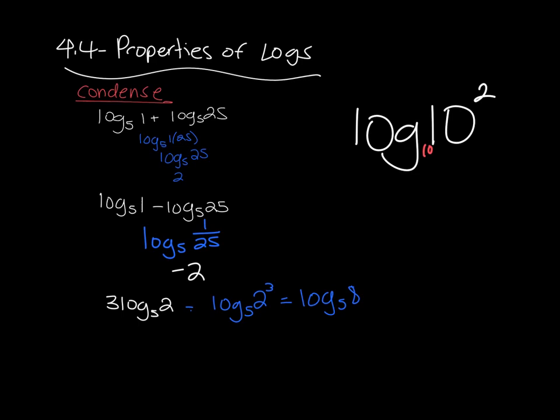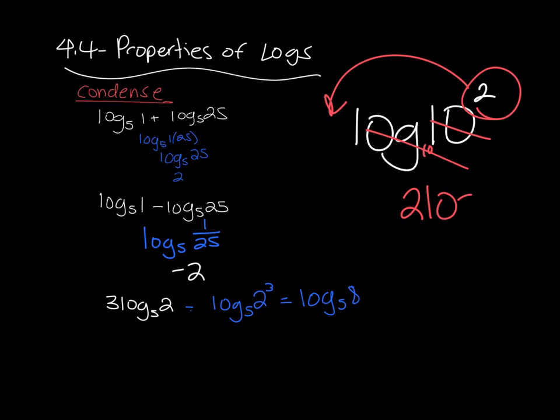Or remember, if the base and the big number are the same, I can cancel them out and keep the exponent. If I wanted to expand it, the exponent could come to the front: 2 log base 10 of 10. Log base 10 of 10 is 1, and that becomes 2 times 1, which either way is 2. So there are a lot of different ways to look at these, and whatever makes sense to you is what you want to do.